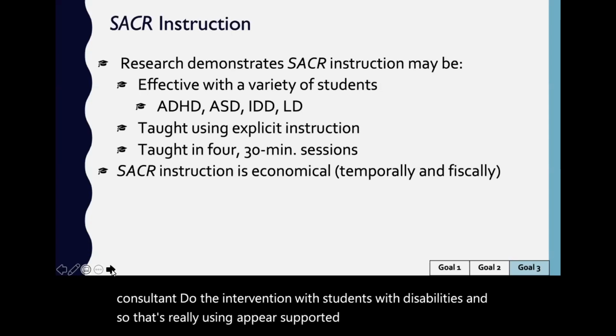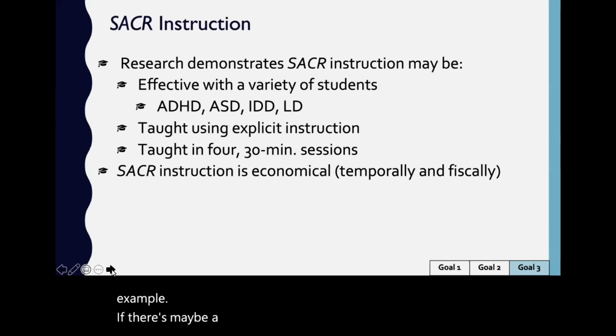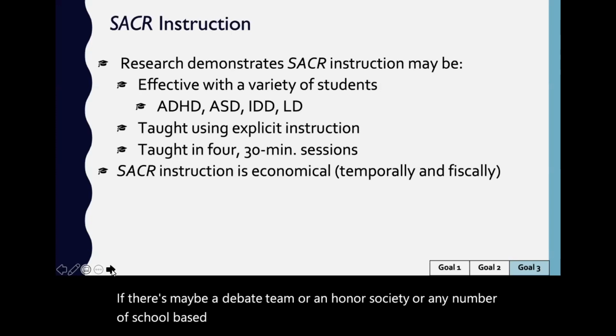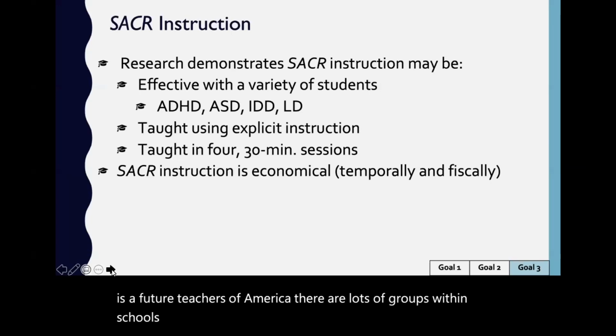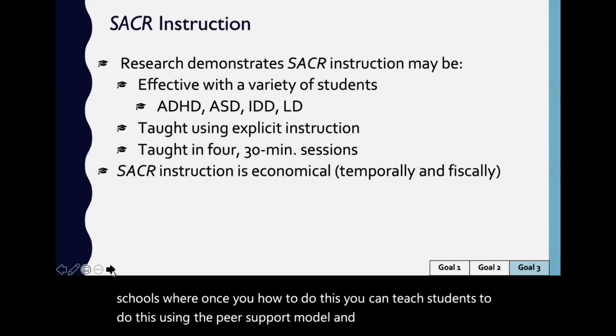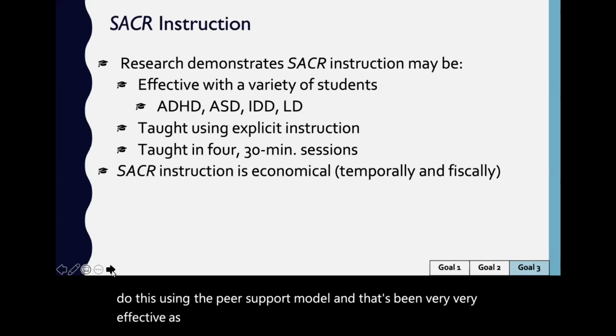It could be done, for example, if there's maybe a debate team or an honor society or any number of school-based groups who are interested in service, and if there is a Future Teachers of America, there are lots of groups within schools where once you know how to do this, you can teach students to do this using the peer support model. And that's been very, very effective as well. And it's a really natural way to do it.